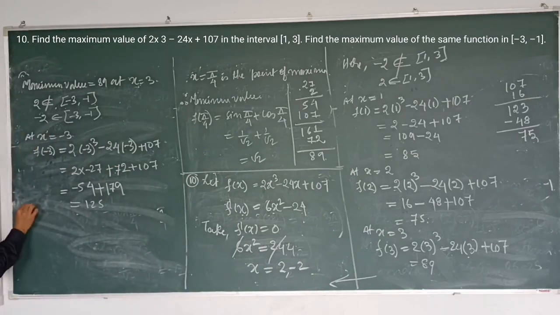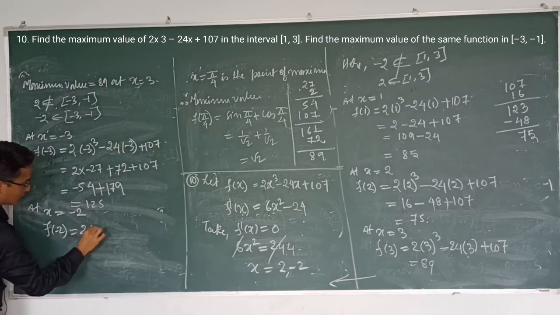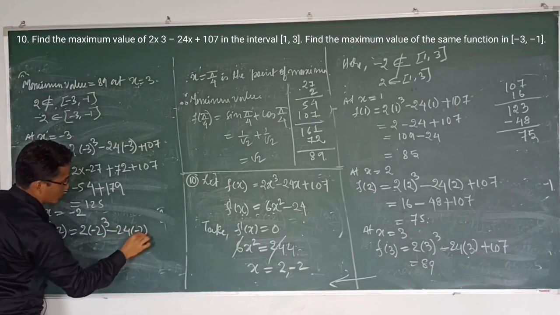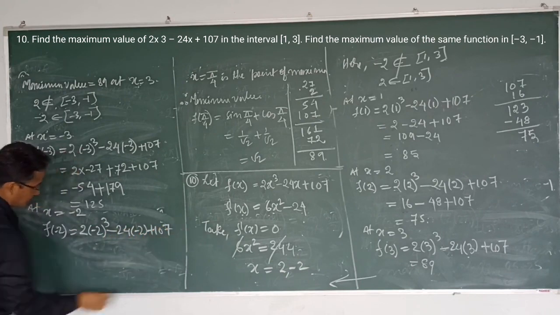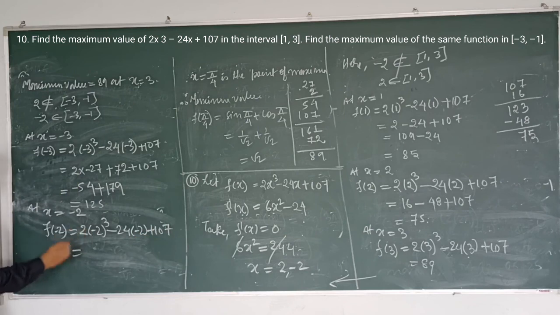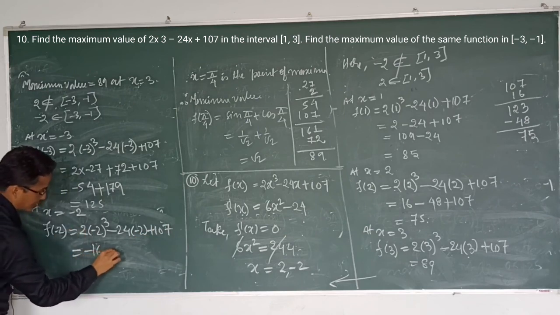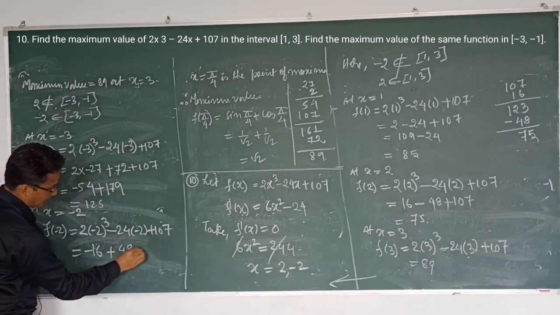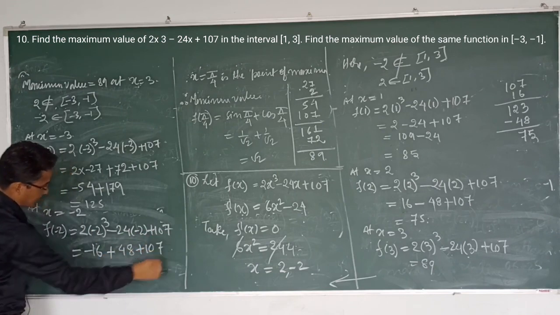Minus 2, we will take x equal to minus 2. At x equal to minus 2, f of minus 2, we will take 2 times minus 2 cube, then minus 24 times minus 2 plus 107, okay. This is 8 into 2, 16, that means minus 16 plus 4 2 is 8, 48, then 107, okay.